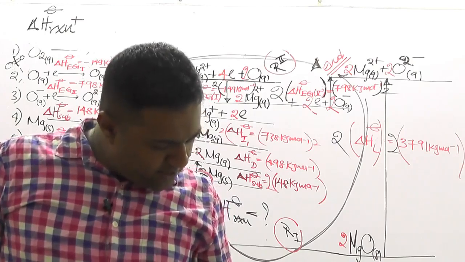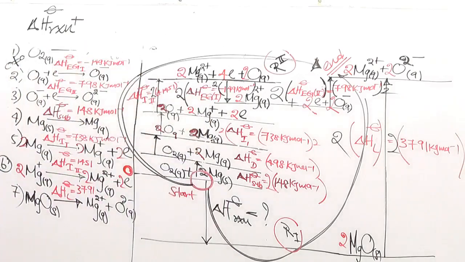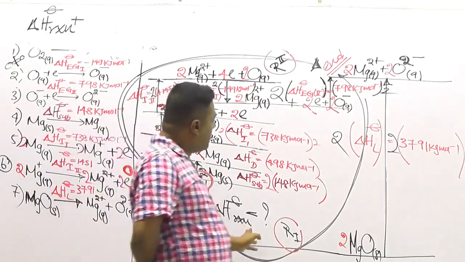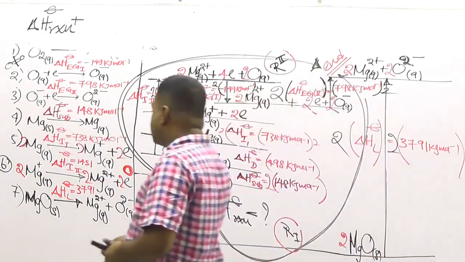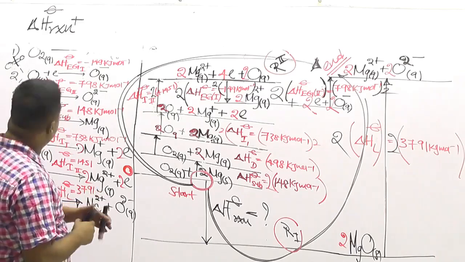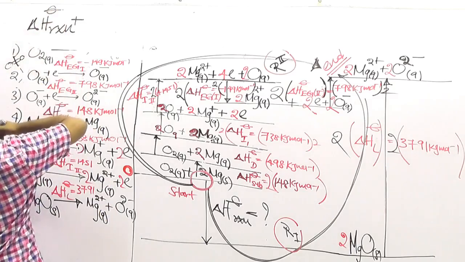Calculate the enthalpy change, right? Then our root 1 is delta H naught reaction plus delta H naught lattice, twice of delta H naught lattice. That means 3000, according to Hess's law.